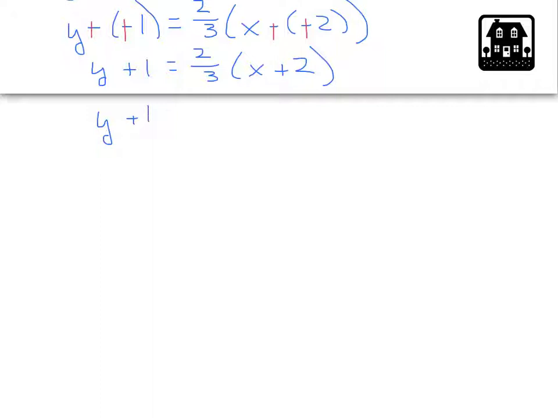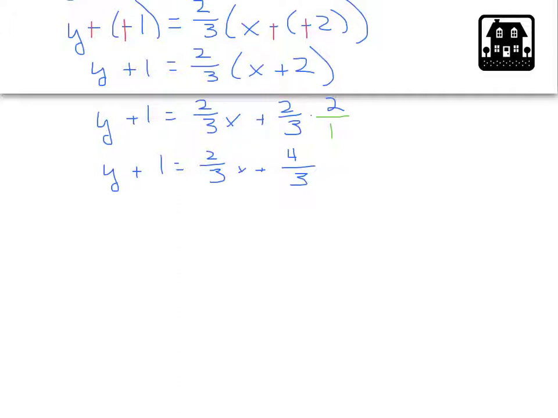Y plus 1 equals 2/3 x plus 2/3 times 2, and when we multiply by a whole number, we make it a fraction of 2/1. So we have y plus 1 equals 2/3 x plus 2 times 2 is 4 over 3 times 1 is 3.